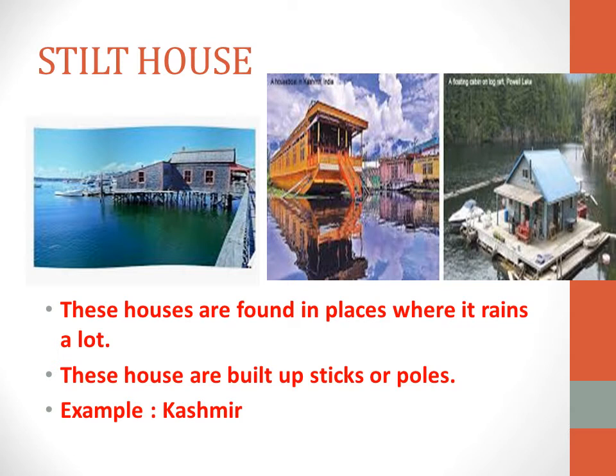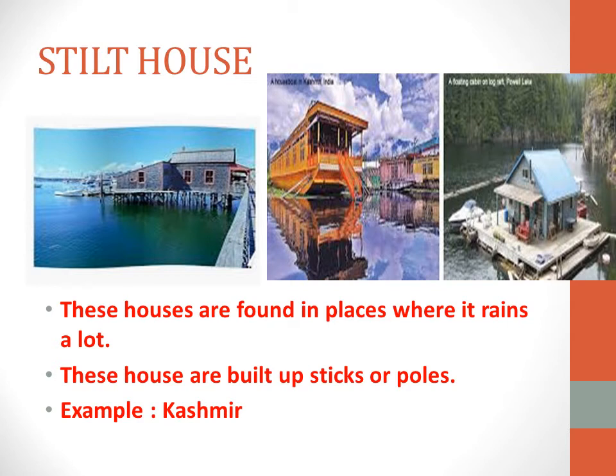These types of houses are made up of sticks or poles. This is called a stilt house. It is mostly built in the region where they have lots of water. A house above the water.